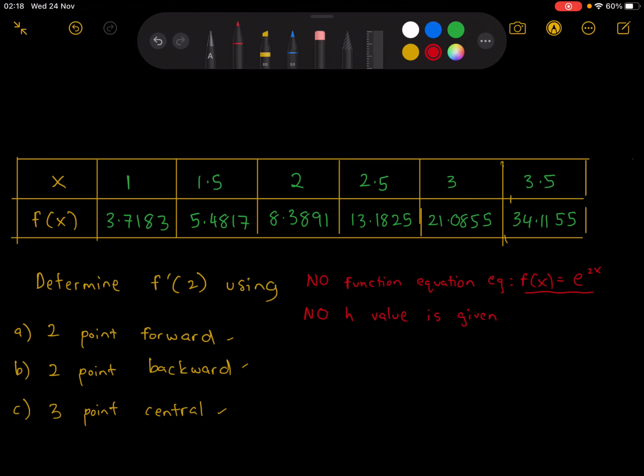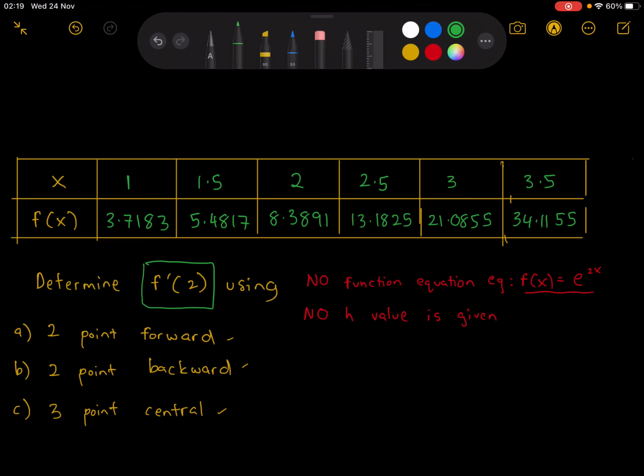First thing, before you solve any question, you need to understand the question first. We need to know what method we need to use, whether it's first derivative or second derivative. The keyword is in here. In order for us to know whether it's first derivative or second derivative, we need to look at the question.